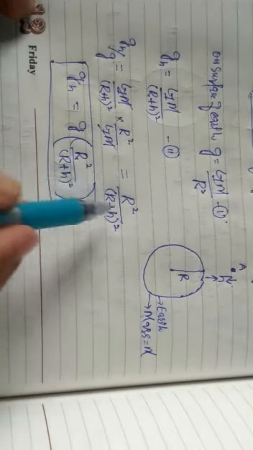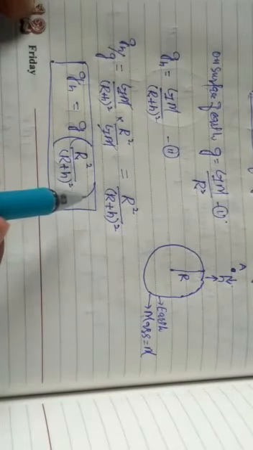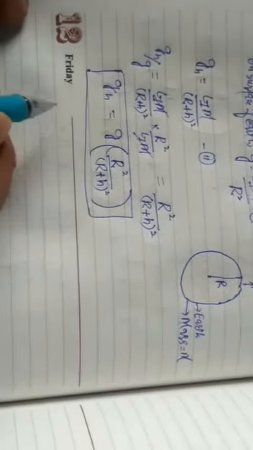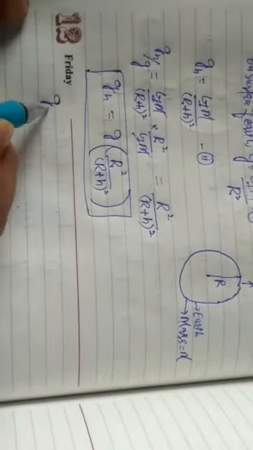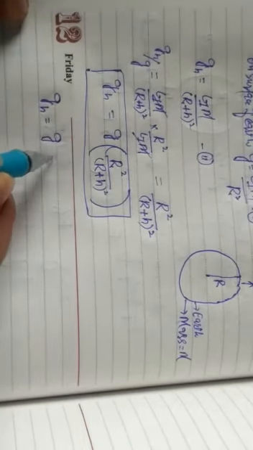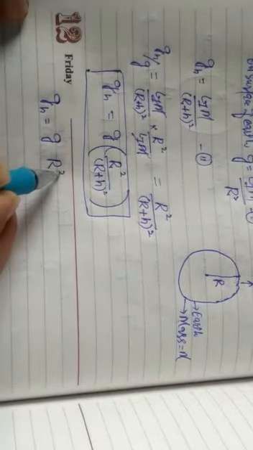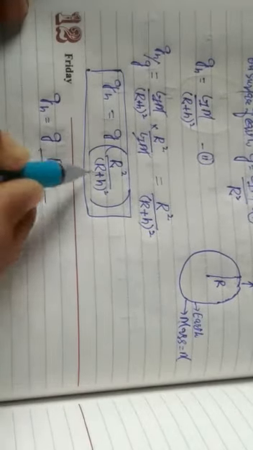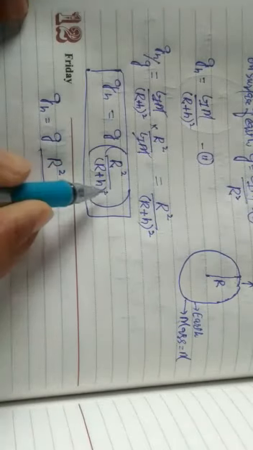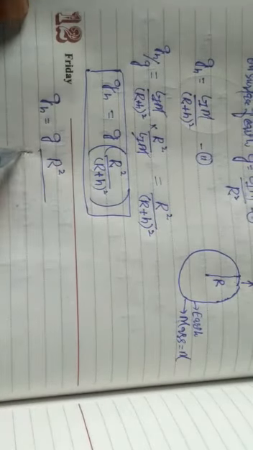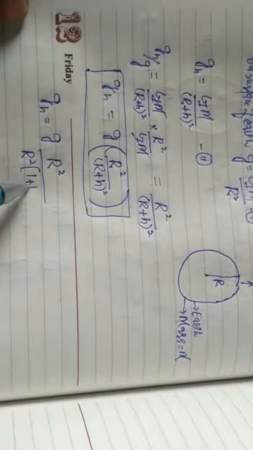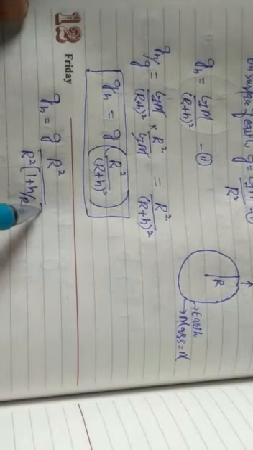But we are going to make a bit of change in this equation. We'll place gh equals g of, in the numerator R square, but in the denominator R plus h whole square, I will take R common, which will come out along with the square. It will be R square times 1 plus h by R whole square.